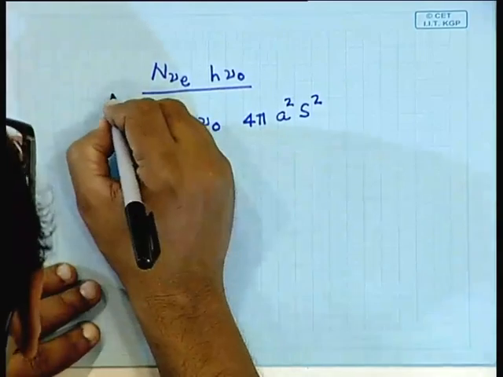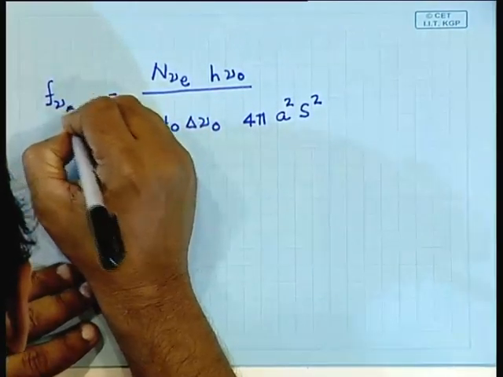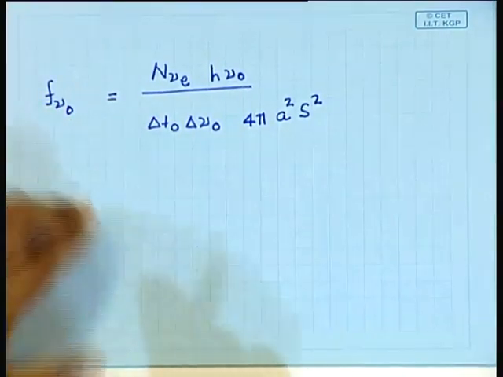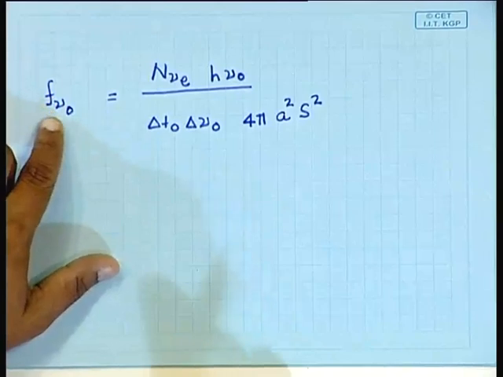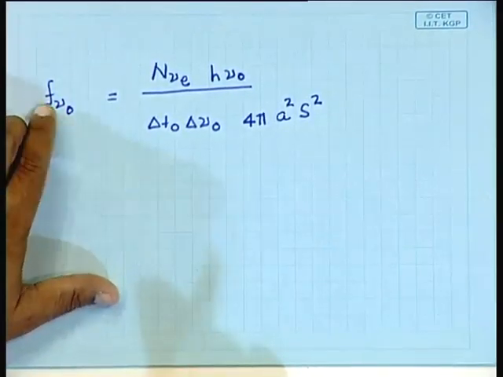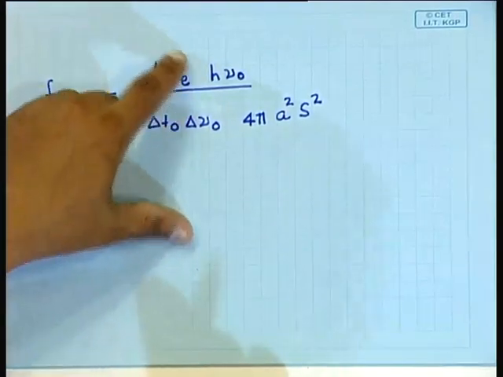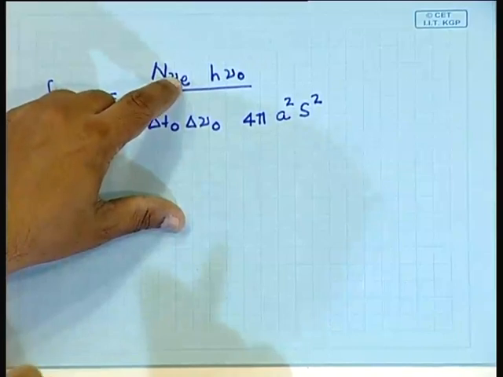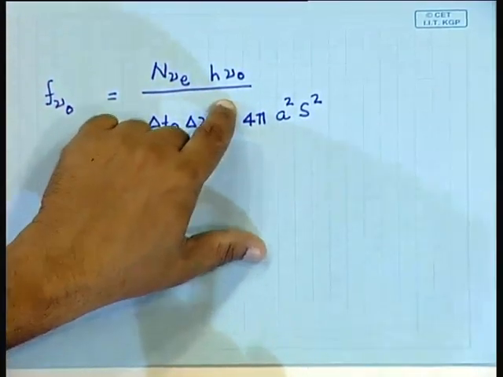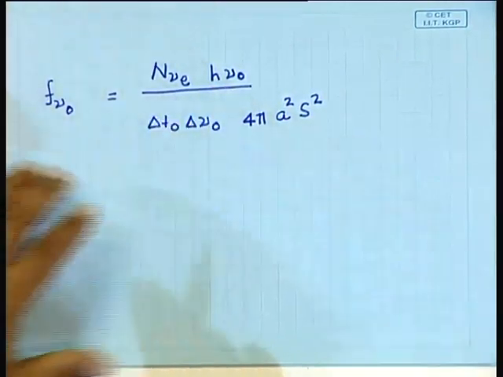This will give me the flux observed at the frequency nu observed, because the radiation will be observed at a different frequency, right. So, the flux will be observed at a different frequency nu observed, and this is equal to the number of photons emitted divided by the time interval over which they will be observed and the surface area, multiplied by the energy of each photon.